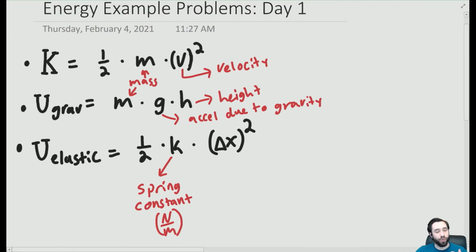And all the spring constant represents is the amount of force required to stretch or compress a spring the distance of 1 meter. That's all it means. So if I have a high value for my spring constant, that's going to tell us that we have a very stiff spring. It's going to require a lot of force to stretch that spring the distance of 1 meter. Okay?